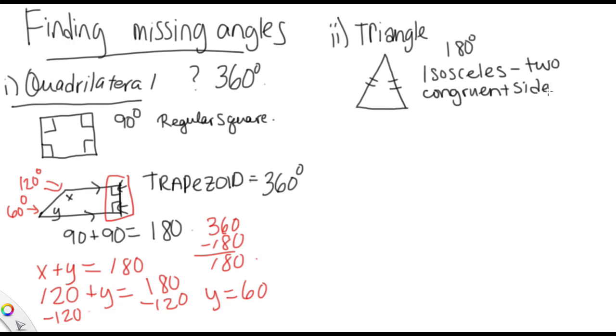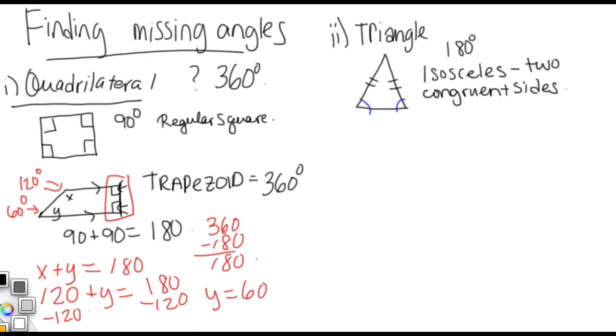So if these sides are congruent, this also means that the angles opposite are congruent. And these, remember, are the base angles, and this is the base. And here we have the vertex.